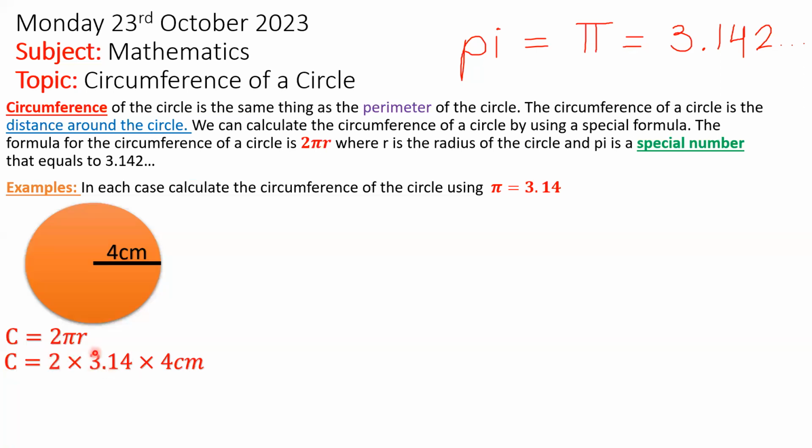Then the radius is 4, so I multiplied it by 4 centimeters. So again, 2, pi is 3.14, and r, which is the radius, is 4 centimeters. So I did 2 times 3.14 times 4 centimeters. And that's how I was able to get C.